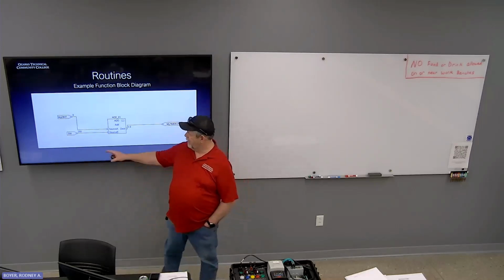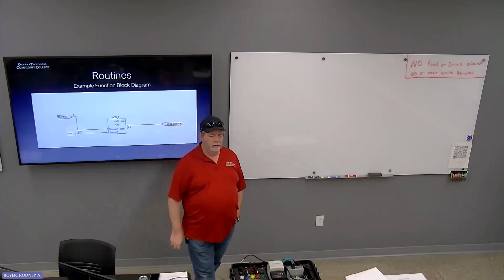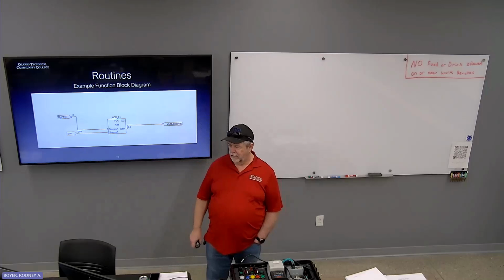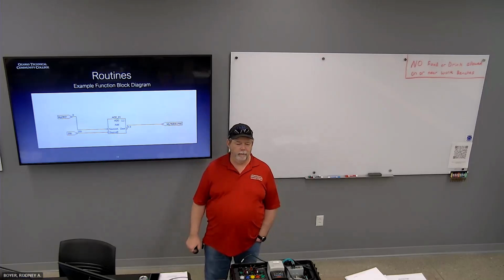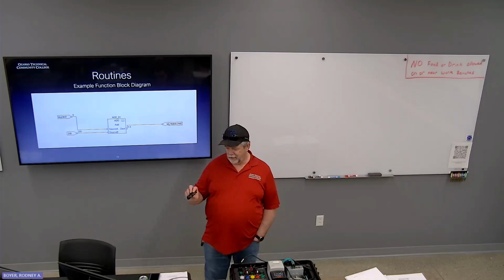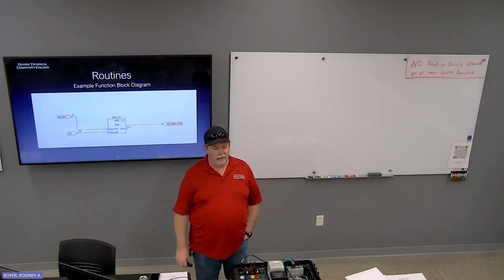Notice that it's just a straight value of 200. And then it goes into the destination, which is my timer preset. Obviously, that instruction has not executed yet because the value of my timer preset is 0.0.